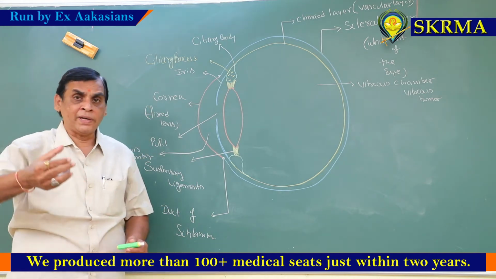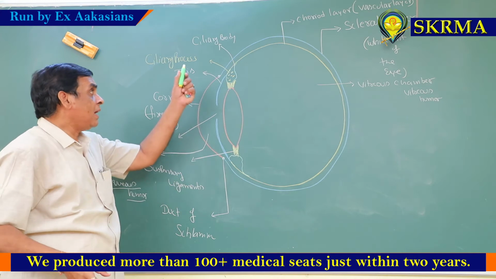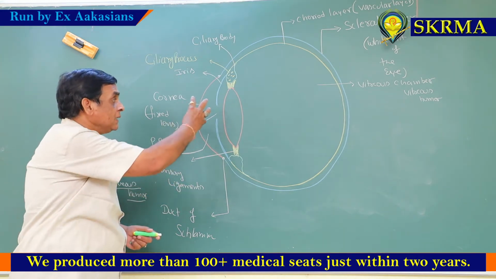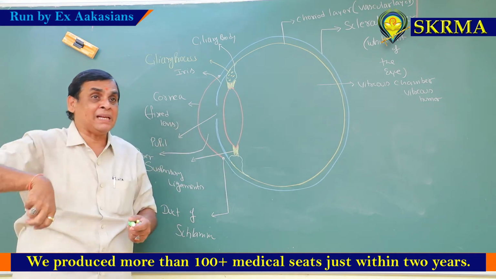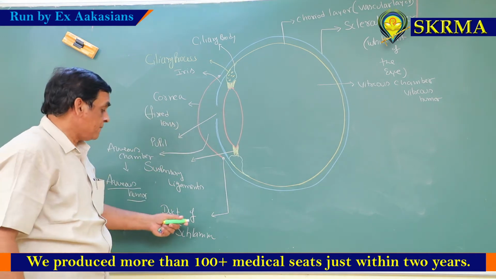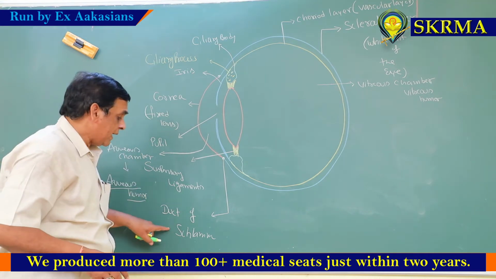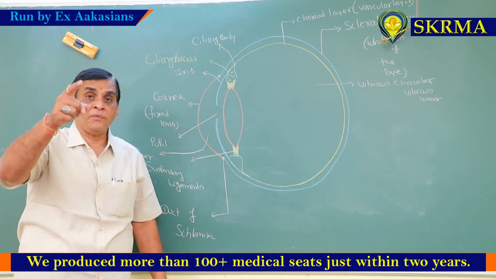Why? Because every 8 hours the aqueous humor will be drained out. It means fresh aqueous humor will be released by the ciliary process, and the old should be eliminated through the duct of Schlemm into the venous blood.